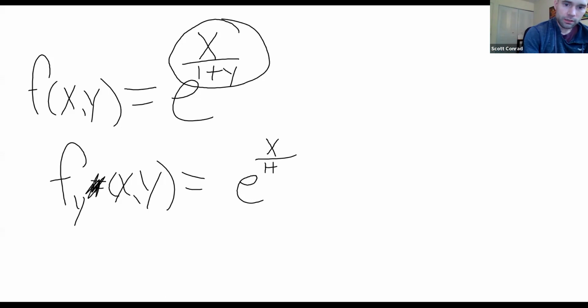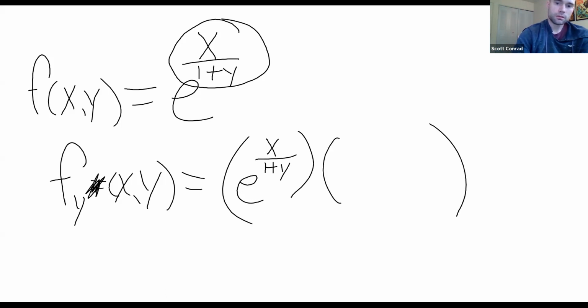So e to the same power, x over 1 plus y. And now we need to take the derivative of the inside. So x over 1 plus y, when we treat x as a constant, differentiate with respect to y, what happens?